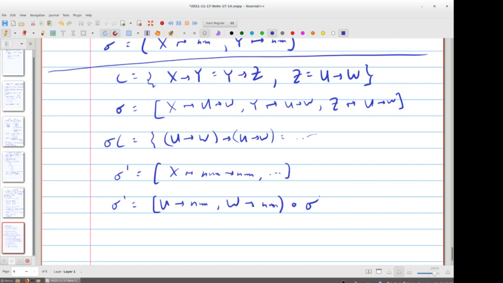And that will give you sigma prime here, which maps x, y, and z to num arrow num. So the idea is that this sigma here is the most general unifier, the most general solution to the constraint set, because any other unifier can be factored in this way, where it's the most general one followed by some more stuff.